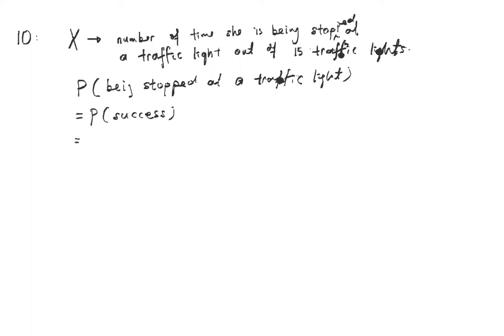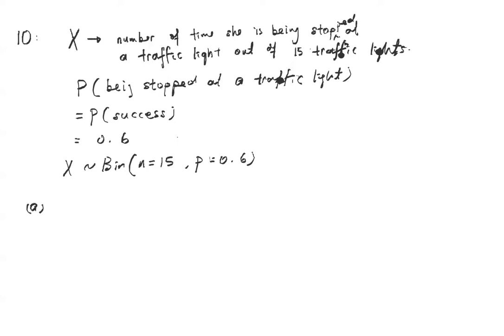So the answer is 0.6. If you can get this done, then you will know that X is a binomial distribution. N is equal to 15, because altogether there are 15 traffic lights that she has to pass through, and the probability of being stopped is 0.6. So you are done. Then you can do your part A.